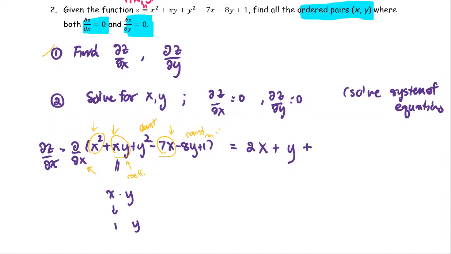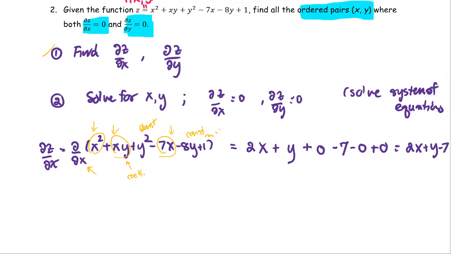The derivative of y squared with respect to x is 0 because y is a constant term. The next is negative 7, by the same derivative rule. The next term is 0, and the next term is 0. Finally, we get 2x plus y minus 7 as the first partial derivative of z with respect to x. That's the first step of the plan.